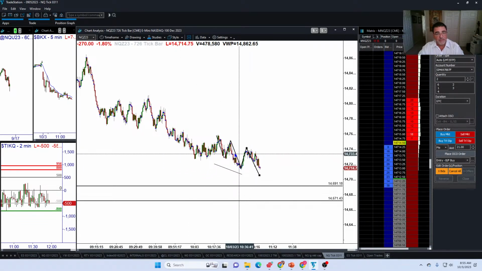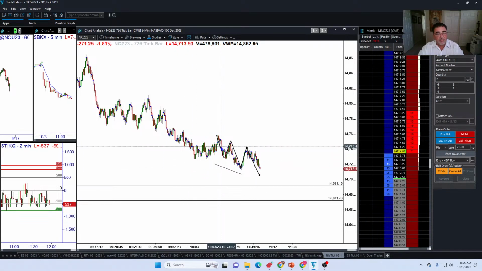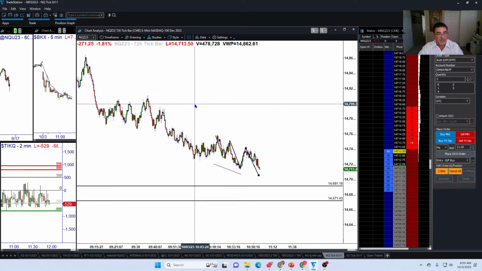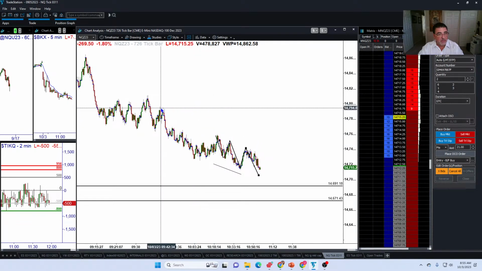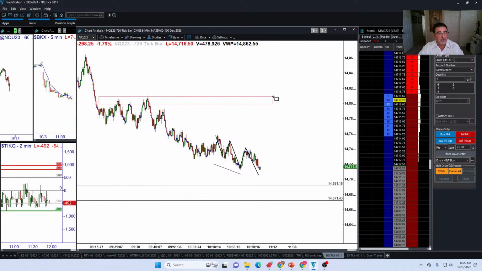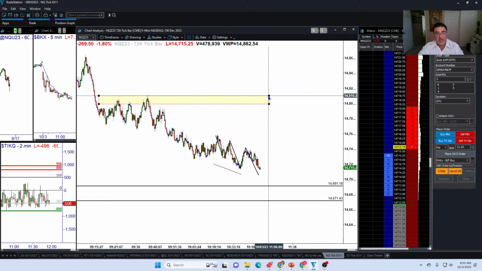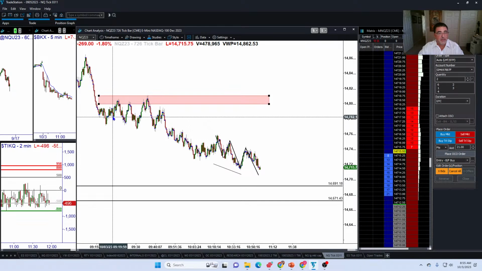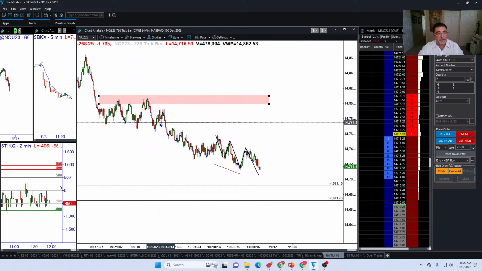Now, what am I looking for when I go up and left? Well, I'm looking for anywhere I can map together those 3 touches. We got this area up above, and I can capture the 3 touches like that. That becomes a resistance area. Sellers kept stepping in at that price point.